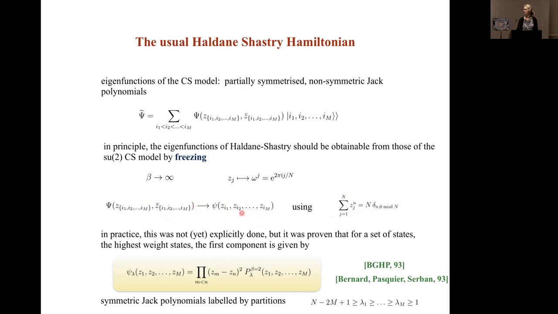So that's something conceptually we understand, why by freezing we can send an N-variable function into an M-variable function. In principle, one can do this explicitly on this wave function, but this was never done. It looks a bit complicated.